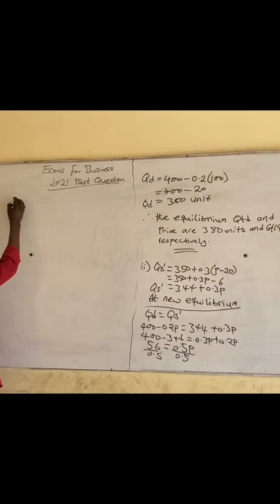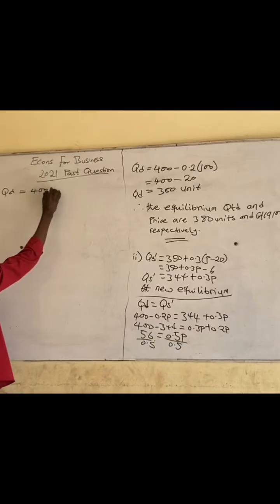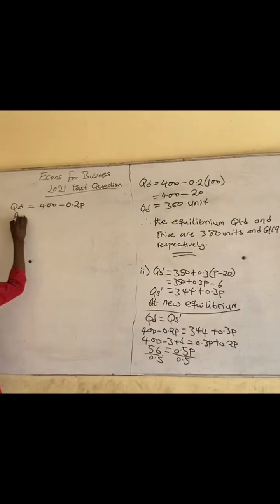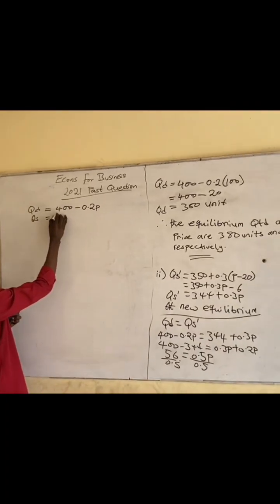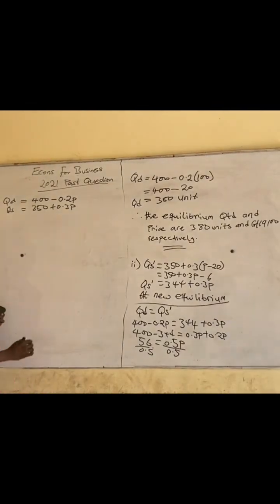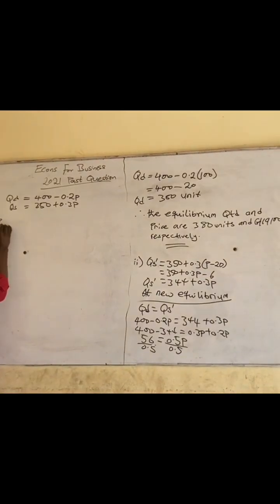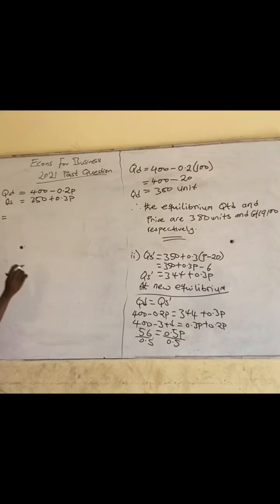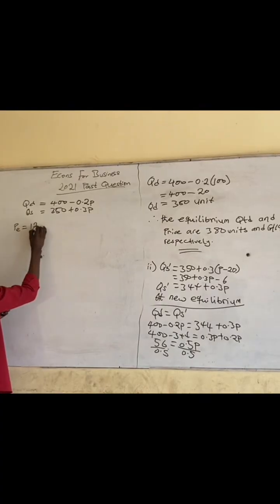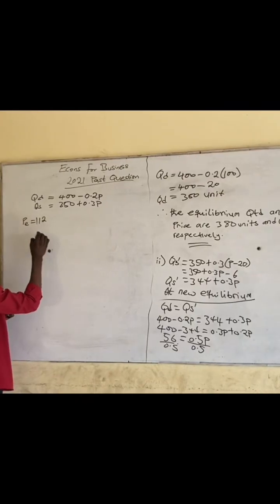Let me just state my quantity demand again in case we need it: 0.2P, and quantity supplied, 350 plus 0.3P. Here we get the new equilibrium price to be 112 cedis.